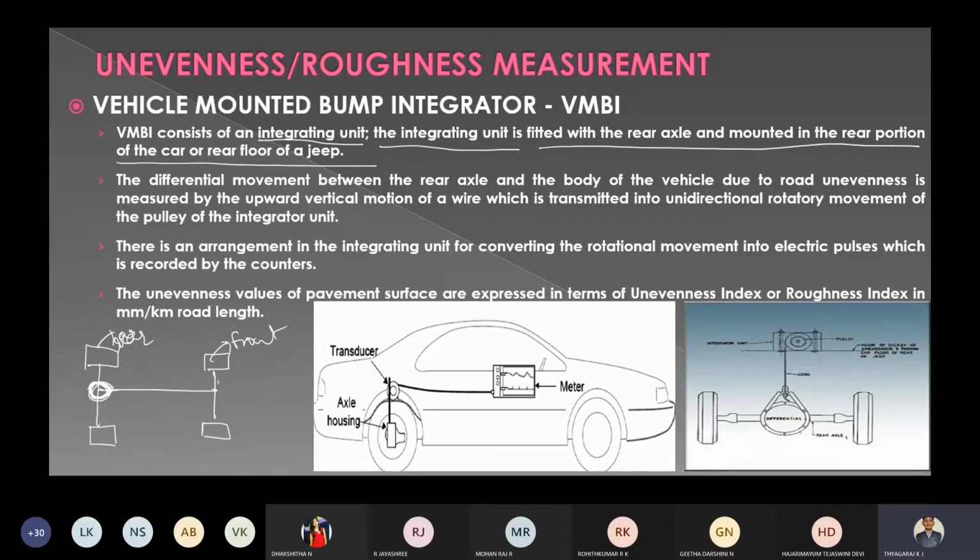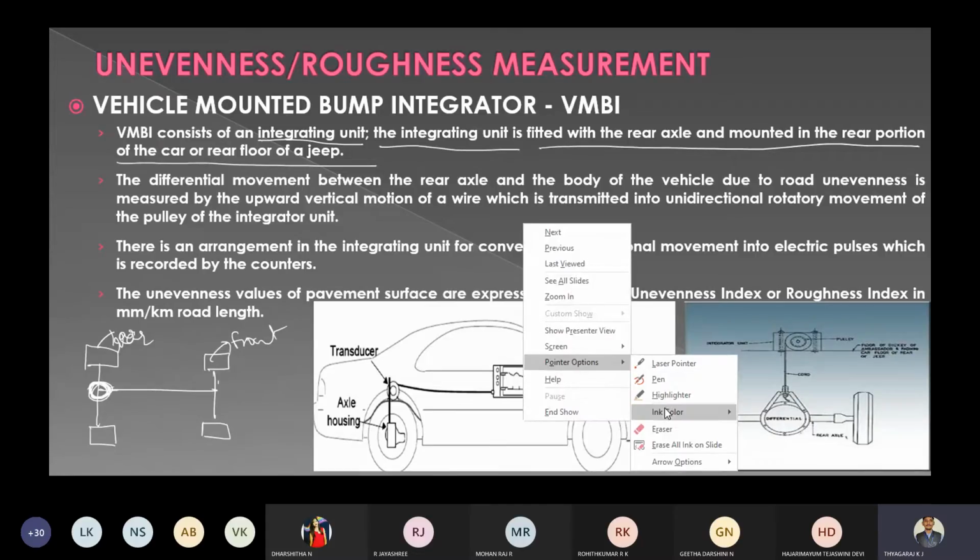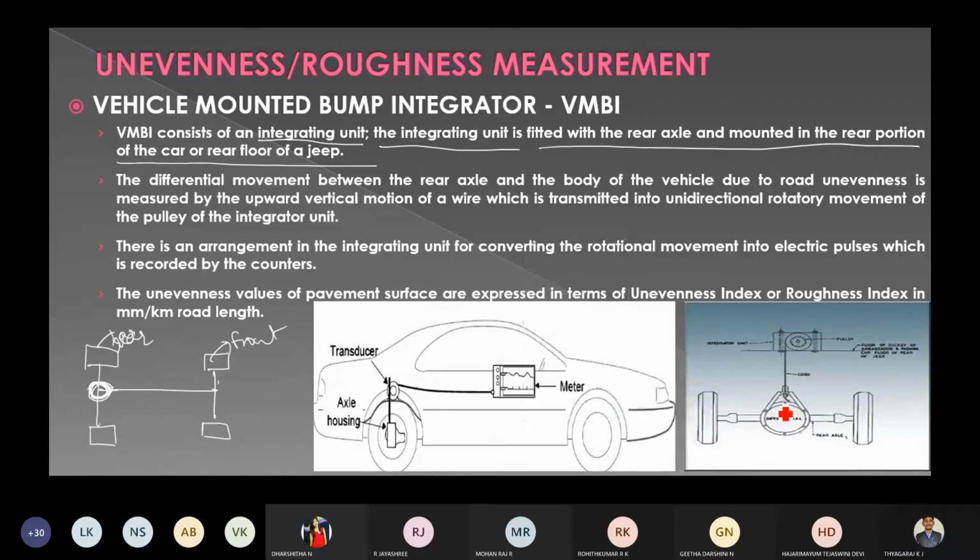You can see here in the diagram, the second one, the rear axle. Yes, sir. You can see here, this is the rear axle. For that, a pulley arrangement has been made.